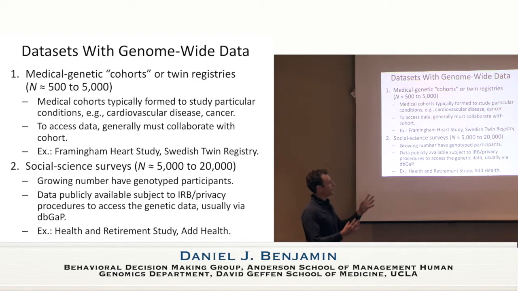There's actually a number of social science data sets like this. Typically these data sets are larger, about 5,000 to 20,000 people. Sometimes they're representative samples. You can often get direct access to these data by applying, although there's stricter IRB and privacy restrictions than for accessing the general phenotype data.